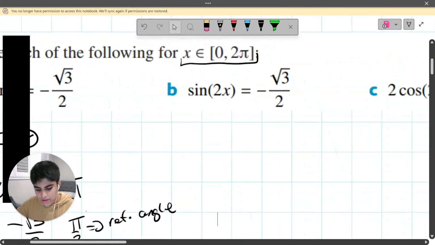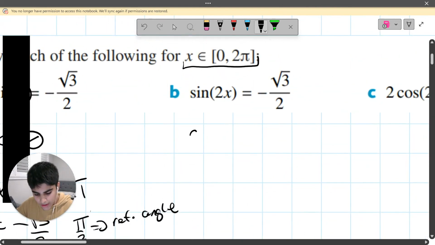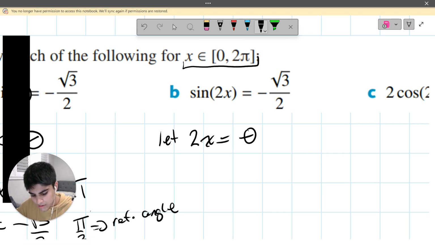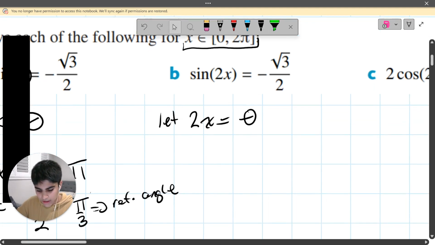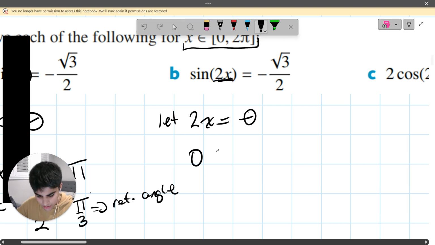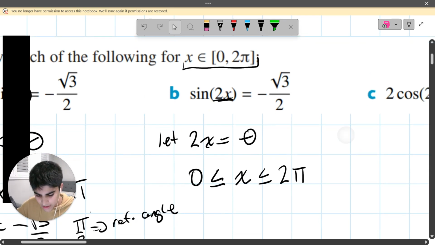Sine 2x. Let 2x equal theta. Sine theta. Let's first address what the domain is. We've got 2x here, x is greater than or equal to 0, less than or equal to 2 pi. Now we need to adjust this domain.